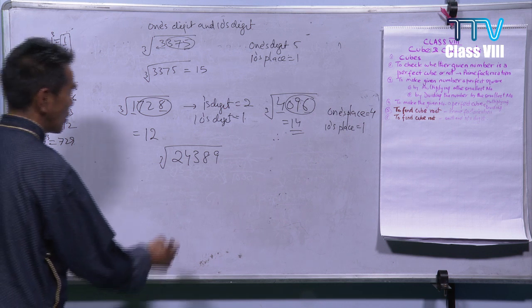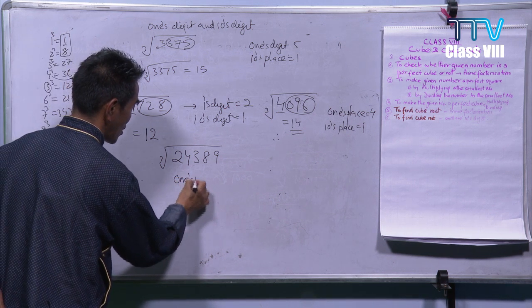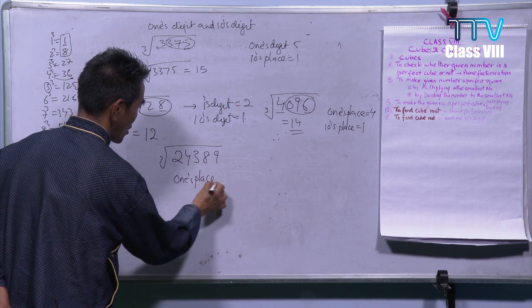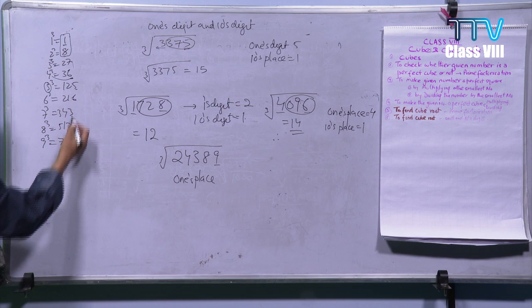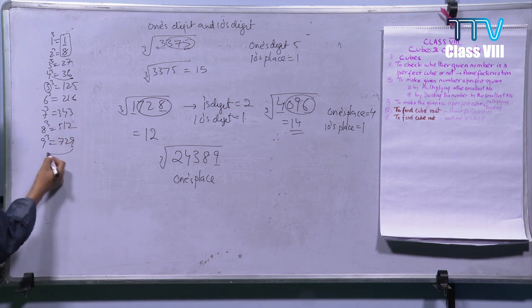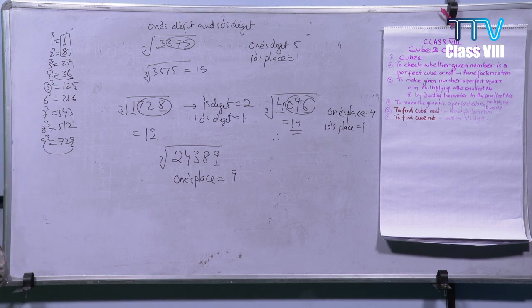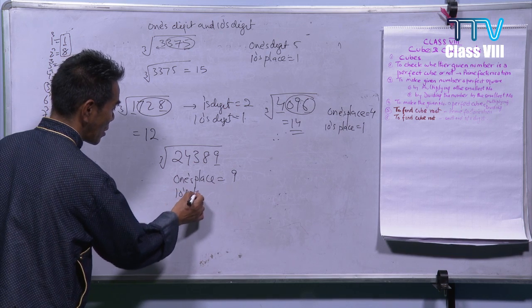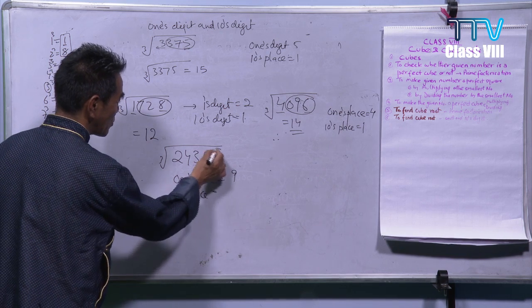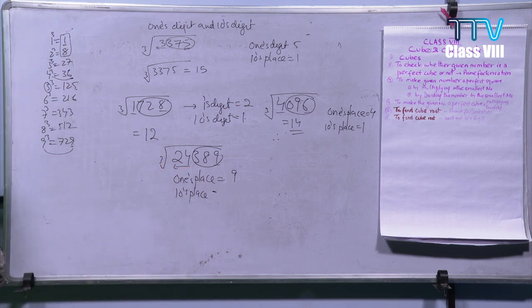Right? Okay, first place. 9 is the 9 cube. The tens place, number sums. Okay, 24.